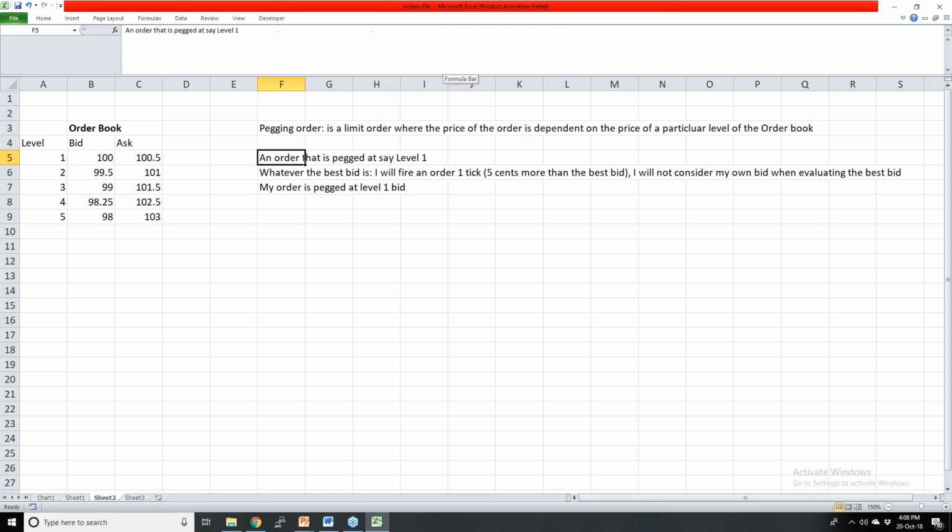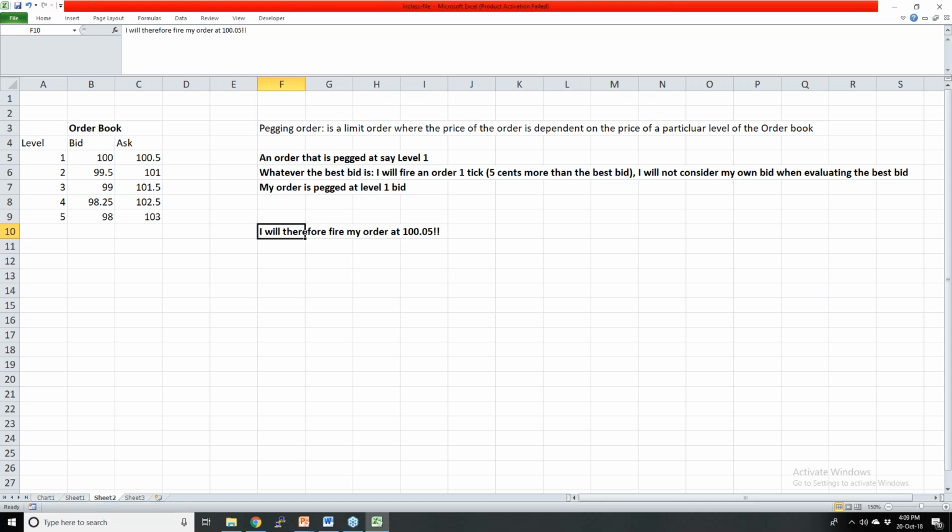So if these are the conditions, then at what price will I fire the order? 5 cents, 100.05, right? So I will therefore fire my order at 100.05.